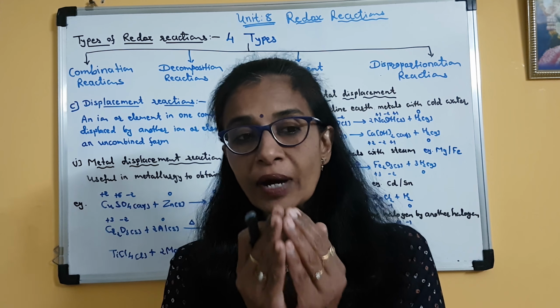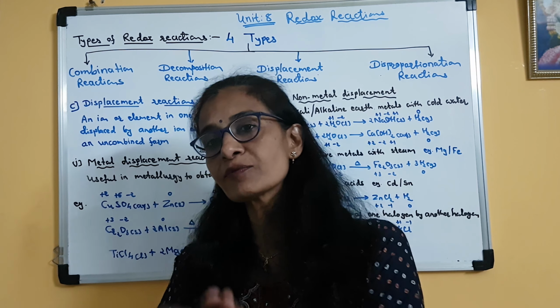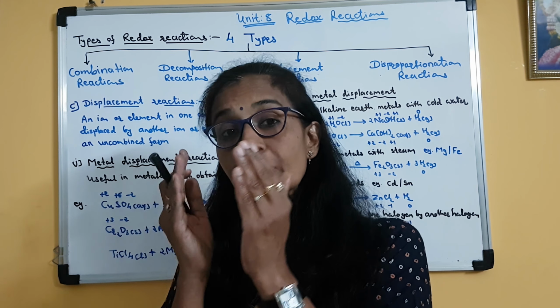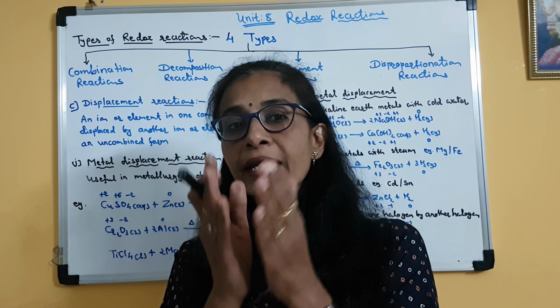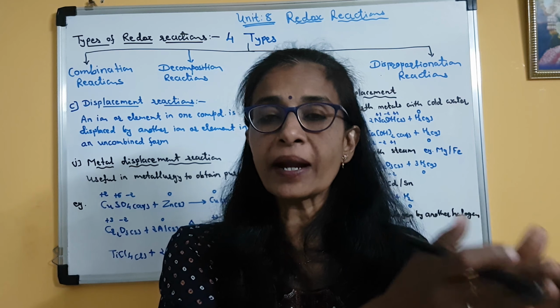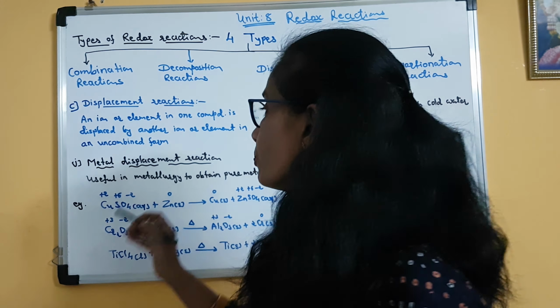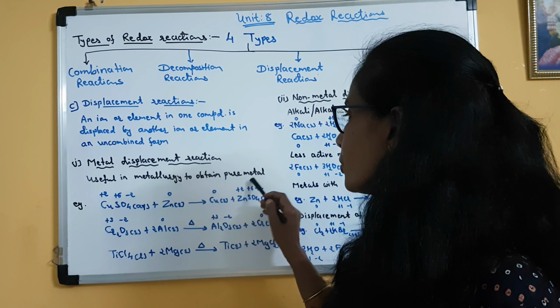The metal which is present in the compound form is reacted with some other more reactive metal, so that the more reactive metal will form its own compound and free the metal which is already present in the compound form. Clear? So metal displacement reactions are useful in metallurgy to obtain pure metal.